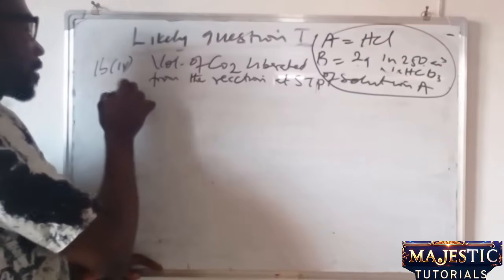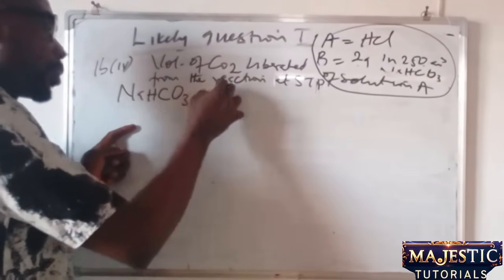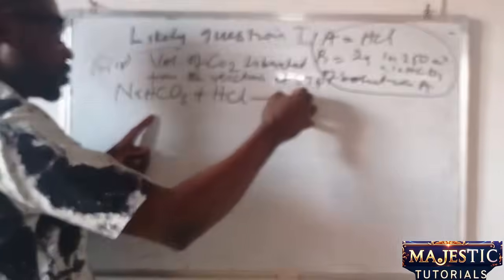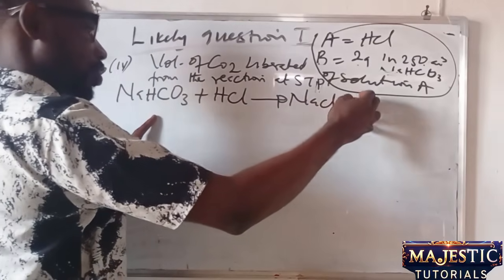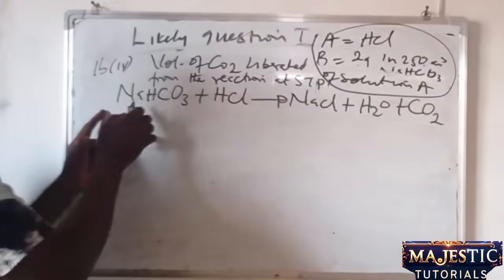Now from the equation we have to write back the equation of the reaction. Sodium hydrogen carbonate, NaHCO3, plus HCl will give us what? Will give us sodium chloride plus water plus CO2. So this is the equation. Now what is liberating the CO2 is this.